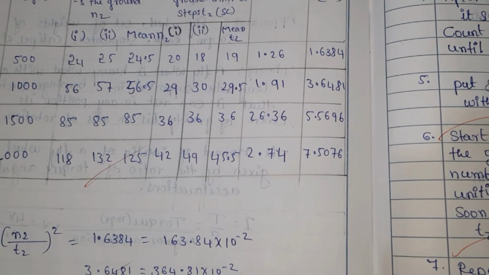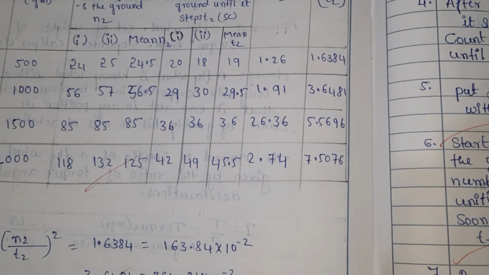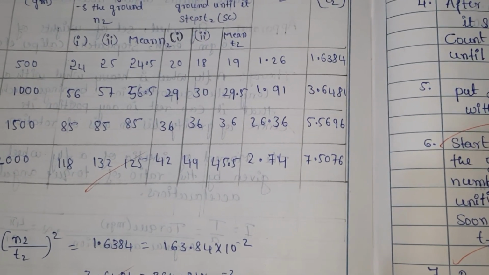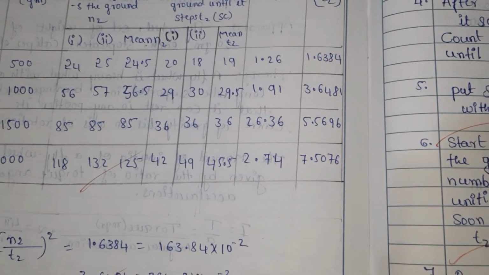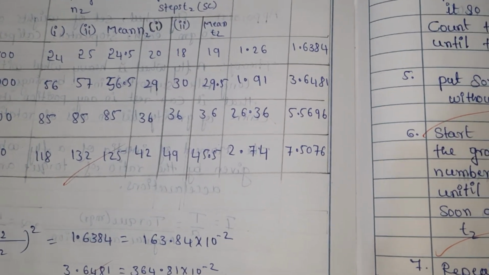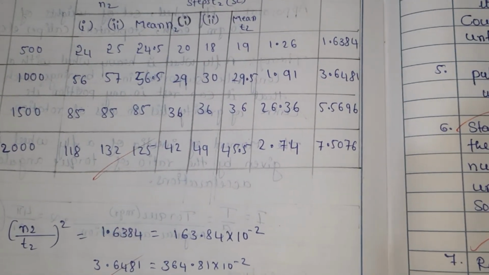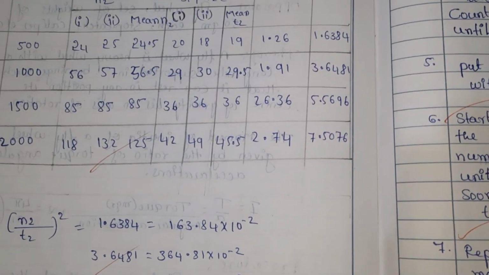So for the first reading, if you divide 24 by 19, you will get a ratio of 1.26. Then square that ratio, and you will get the value in the final column. Repeat this calculation for 1000, 1500 and 2000.